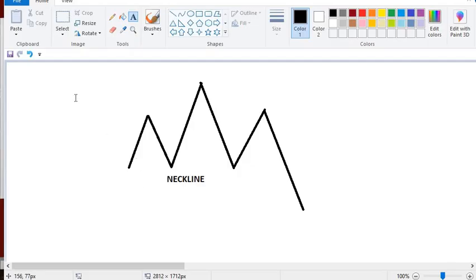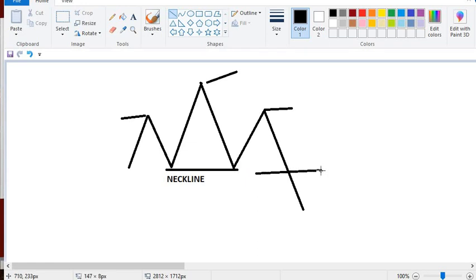Here we have a head and shoulder pattern. This is the left shoulder, this is the right shoulder, and in between the shoulders is the head of the pattern. At this point is the neckline, and our entry order will be below the neckline.